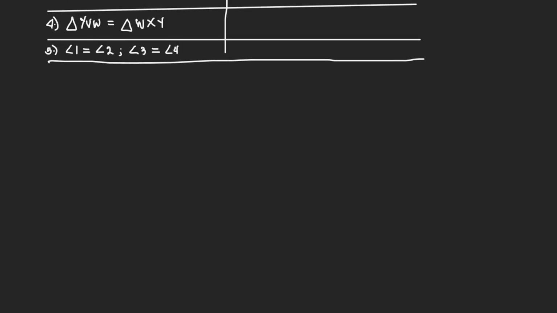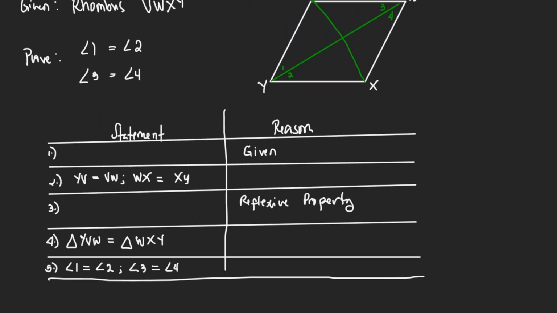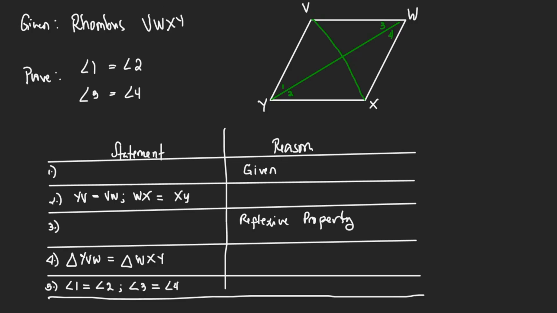This is our problem. So, given: for statement number 1, since the reason is given, you write what you see in the problem. For example, we have rhombus VWXY, since that is the given. Don't make it difficult.